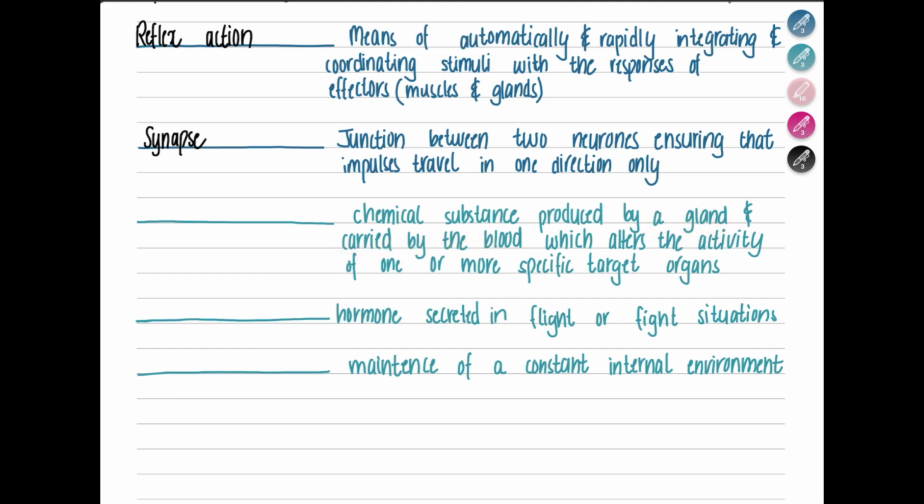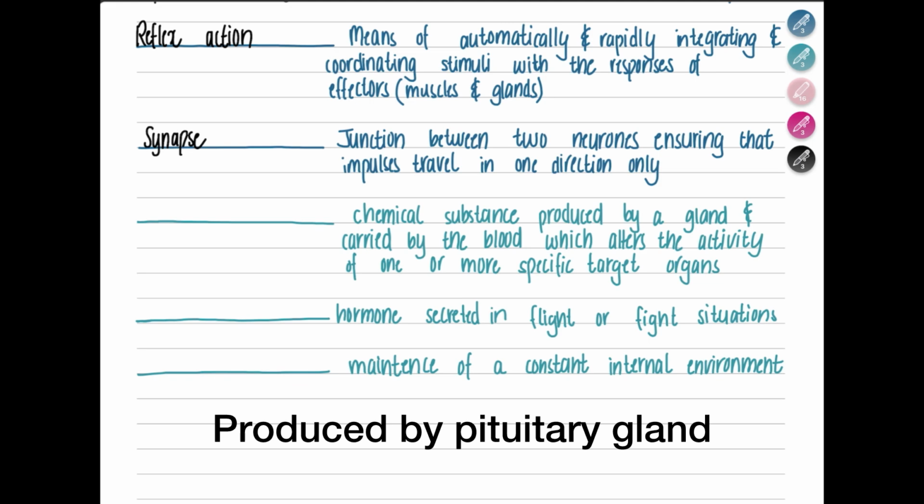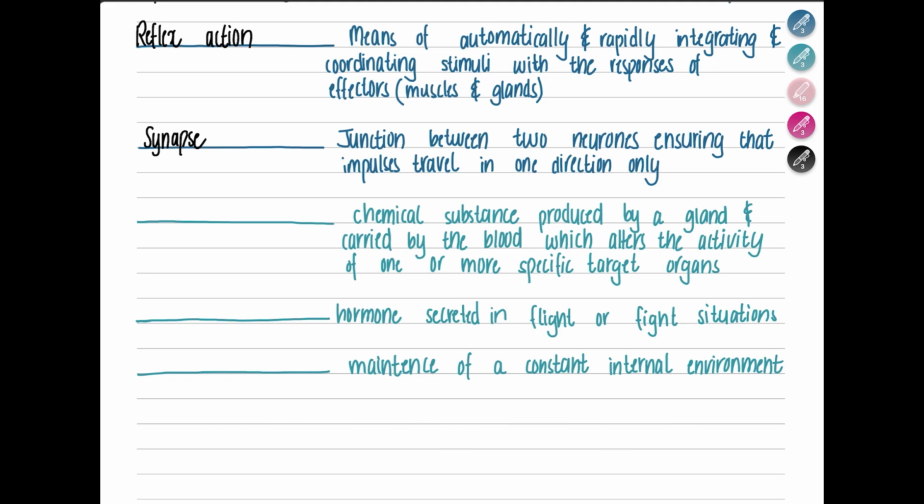Insulin is transferred to the blood, and it alters the activity of one or more specific target organs. Right, it affects the activity. We also have FSH and LH, which are carried by the blood to our ovaries, and they affect the production of ova, right? So there are so many other hormones as well.